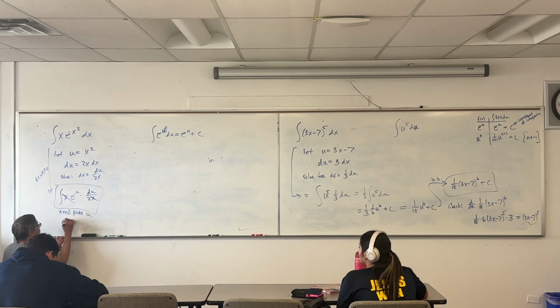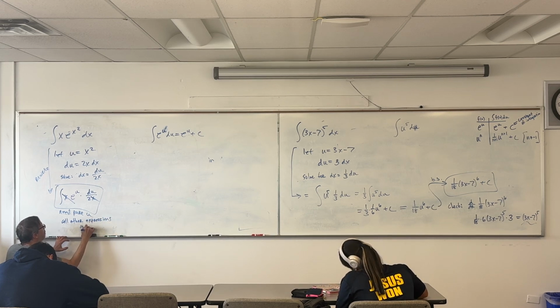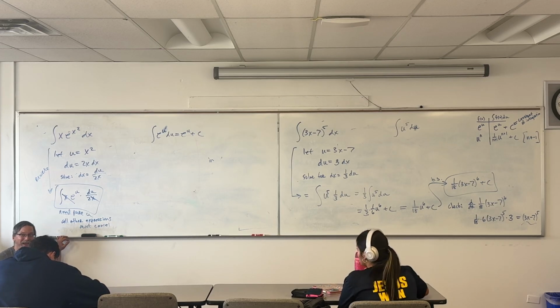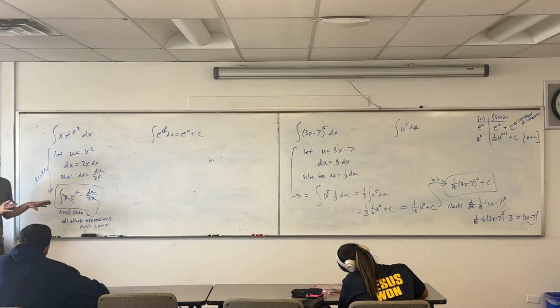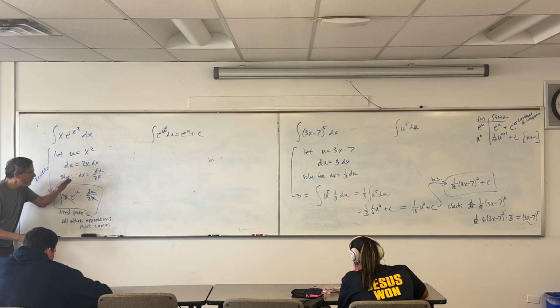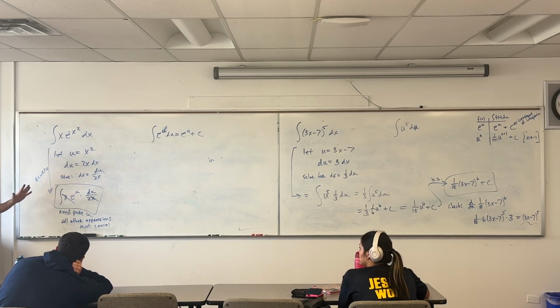So all other expressions must cancel. And if they don't, you have chosen wrong. This is kind of a sanity checkpoint. If your original variables aren't canceling out here, you've picked the wrong u, or maybe substitution won't work on this problem at all, which is a possibility.